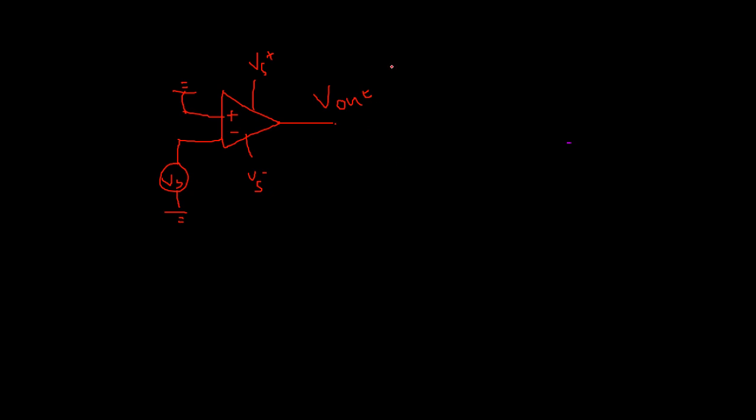So the output voltage can be calculated. We know the voltage gain formula. Voltage gain is equal to V out divided by V in. So we need V out. So V out is equal to AV into V in.